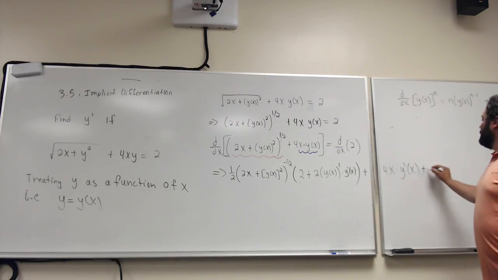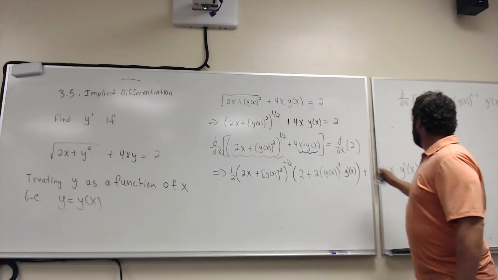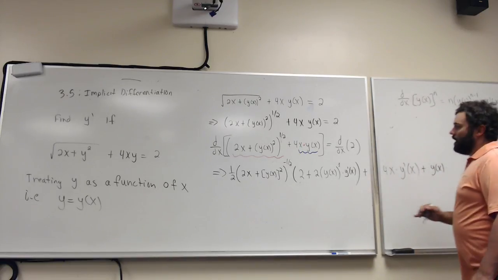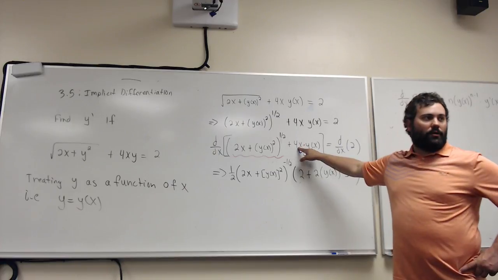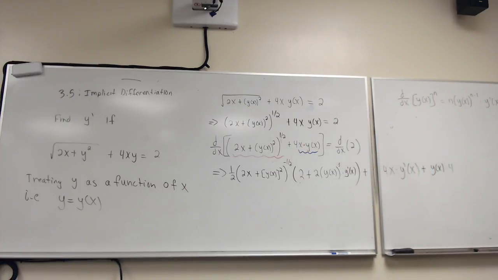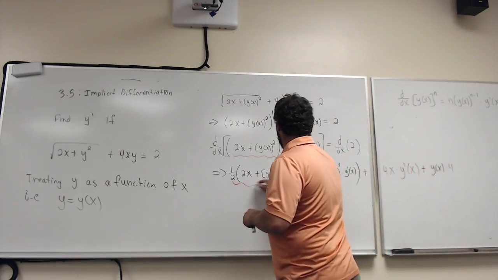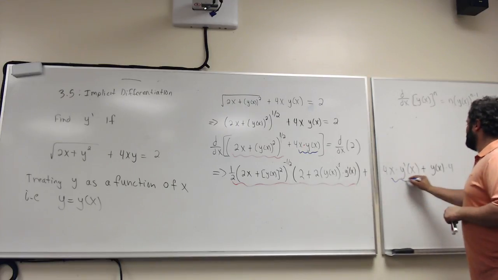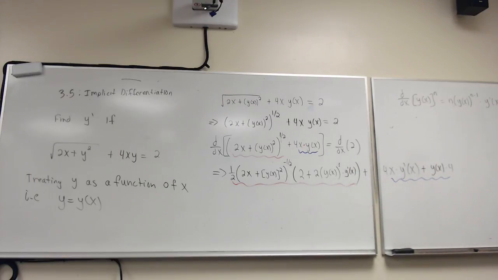And then it's plus the second function, y of x, times the derivative of the first, and the derivative of 4x is 4. Okay, and that takes care of it. This was the derivative of the red part, and this was the derivative of the blue part using the product rule. And then the derivative of the 2 on the right would just give us a 0.